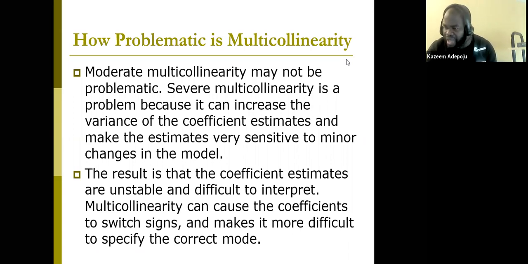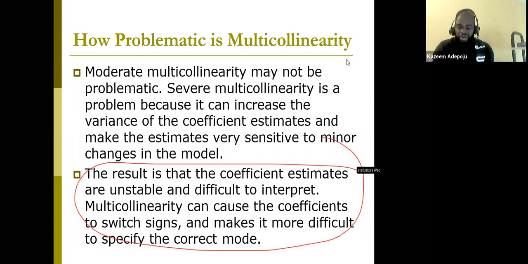I saw something on my chat right now, so I'm going to read it. Somebody said, could you talk a bit more about what is correct model? Okay, this is what happens. What I'm trying to say is that in a situation where multicollinearity exists, you don't expect the coefficient estimates to be stable.